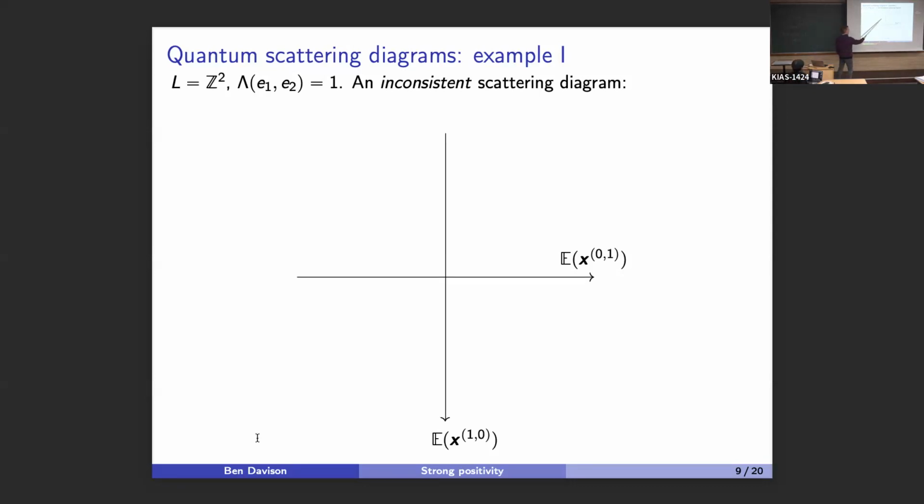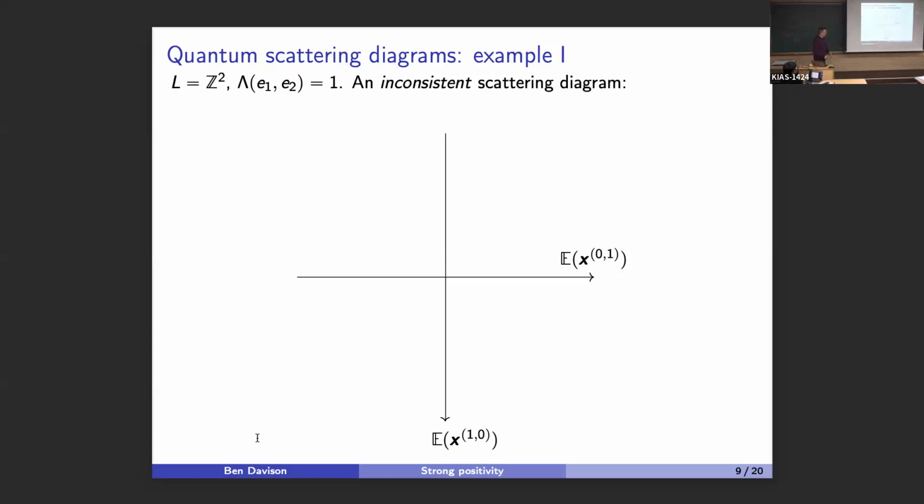And if every time I pass a wall, that's what these things are called, I just, let's say I start with a 1 here, and every time I pass a wall, I multiply whatever I have at the moment with whatever sits on the wall, so this function. Then doing this route, I multiply by this, and then this, and then doing this route, I multiply by this, and those things are not the same.